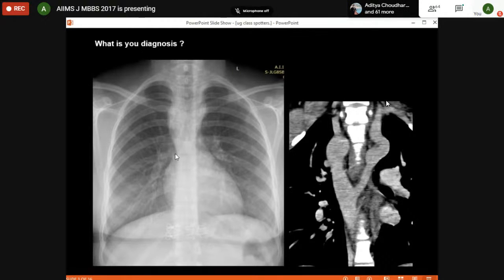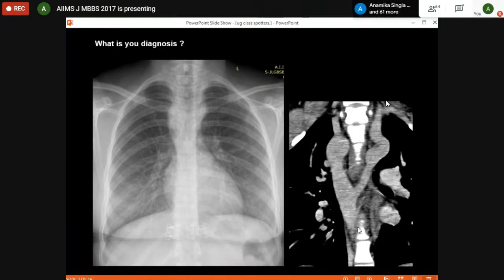So I'll show you a corresponding CT image. Normally the arch should be here. If you can see, the impression of the aortic arch is missing here. And there is some kind of impression here. If you look very carefully, the trachea is kind of indented here. So this is also one of the clues that you should look for if it's a right-sided aortic arch.